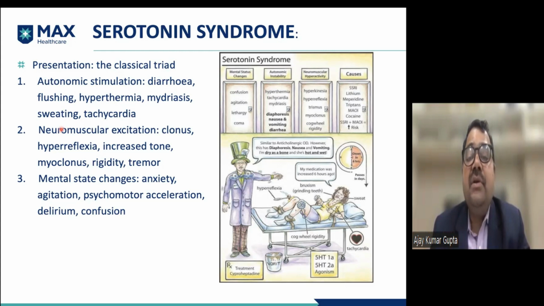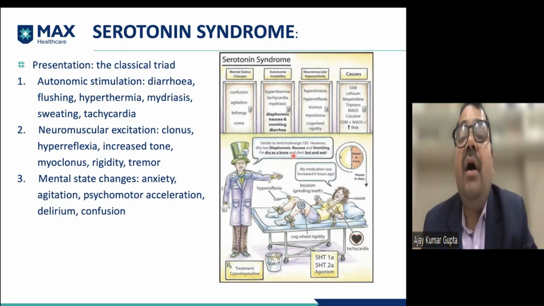In the neuromuscular excitation, the patient has clonus, hyperreflexia, increased tone, myoclonus, rigidity, and tremor. And in mental state changes, the patient may have anxiety, agitation, psychomotor acceleration, delirium, and confusion.